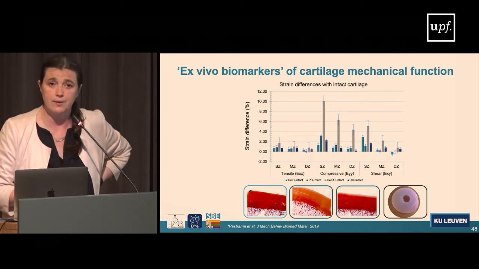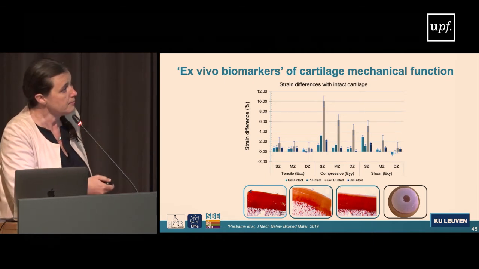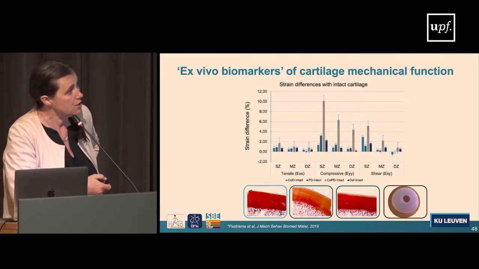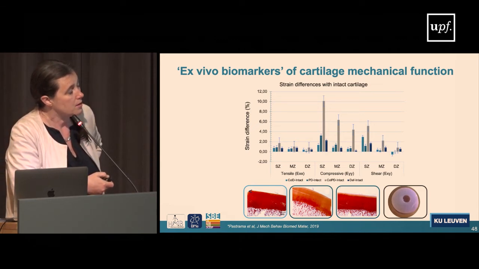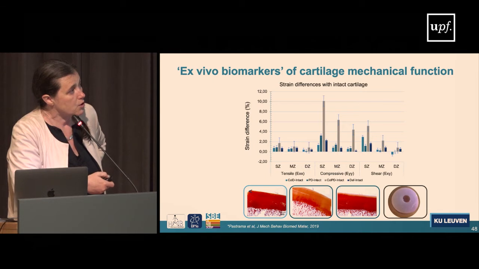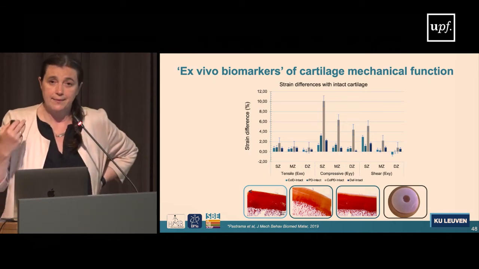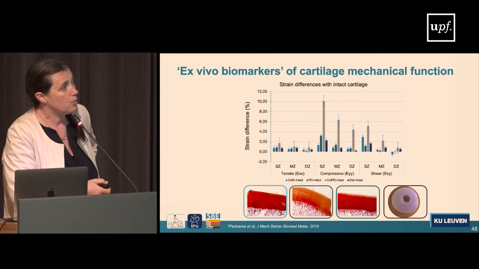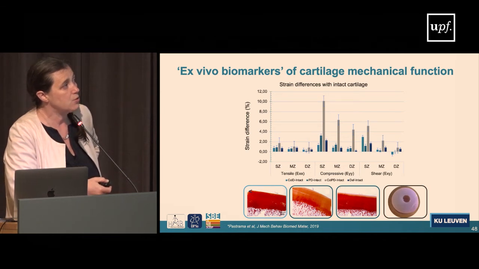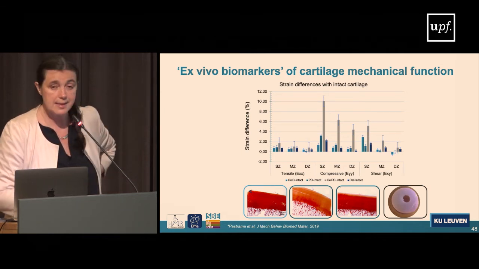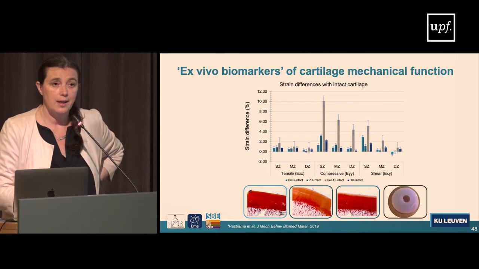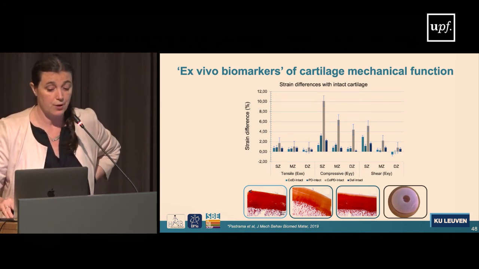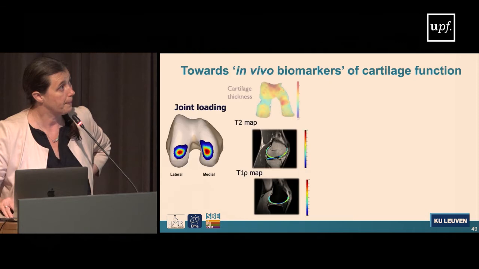And we can detect it from our MRIs. The condition where we only have the collagen depletion is the one next to it. So the collagen depletion that will then trigger the proteoglycan depletion can already be characterized by increased strains in the tissue. So again, we have some functional biomarkers for altered cartilage mechanical function.